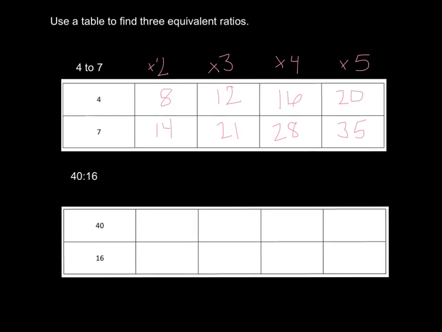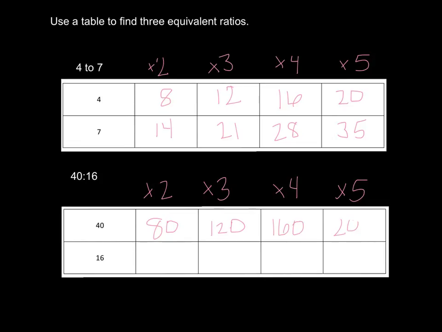Now, 40 and 16. Why did I pick such a tricky one? Okay, times 2. All right, I can probably do the first two. 40 times 2 is 80. Oh, 120. 160, 200.